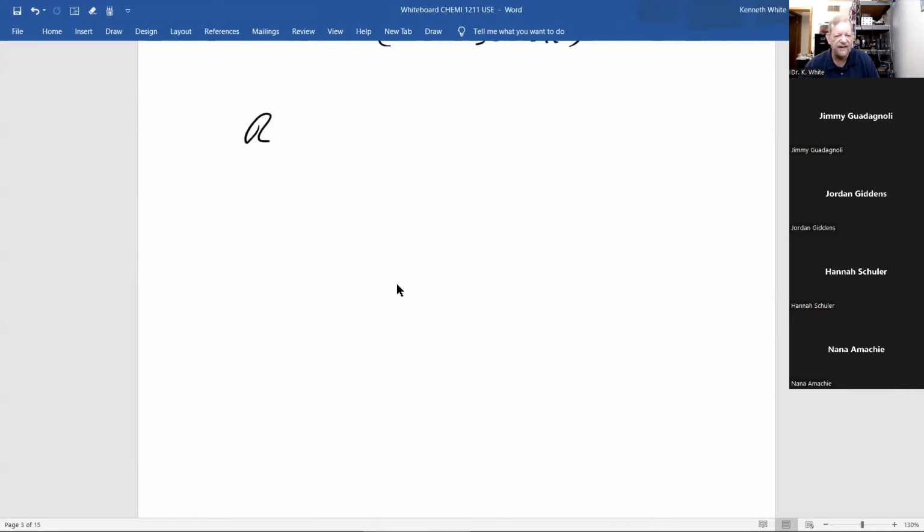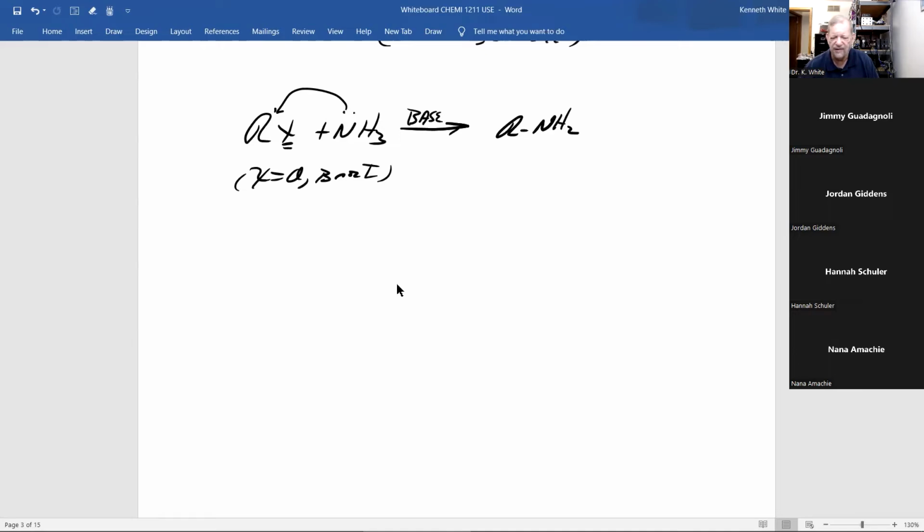If you take an alkyl halide plus ammonia, NH3, X equals chlorine, bromine, or iodine, and you react it in the presence of base, like sodium bicarbonate or sodium carbonate, this will attack, it's called a nucleophilic attack, the carbon with the halogen, and you'll get a primary amine. The X and an H becomes an acid, which is neutralized by the base.